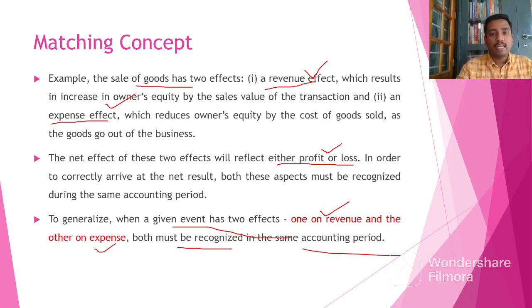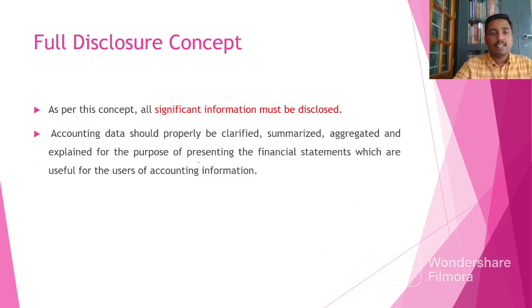Now we are moving to the next concept, that is the full disclosure principle or the full disclosure concept. This concept says that all significant information which happened to a particular business should be fully disclosed. Here a particular word is very important, that is significant information.